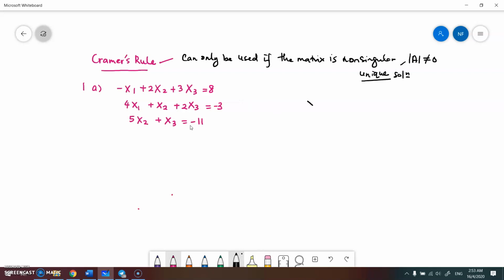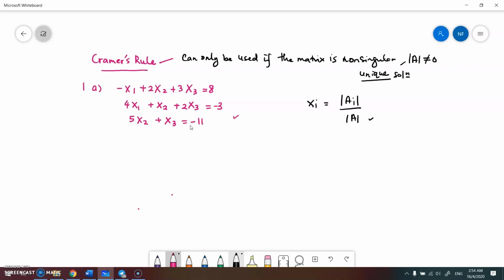So you can directly find the variable, where the formula is the determinant of Ai divided by the determinant of the whole matrix, determinant of A. Okay, let's do question 1a. Solve the system of linear equations for 1a.